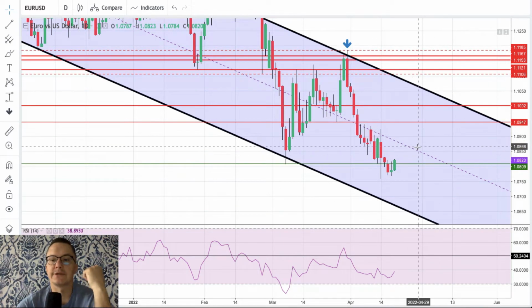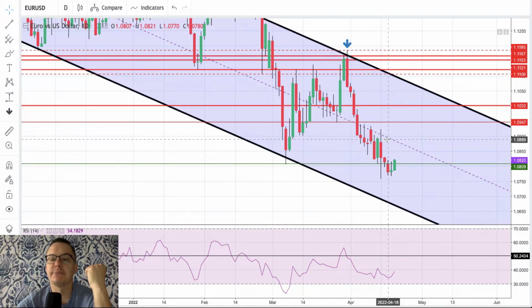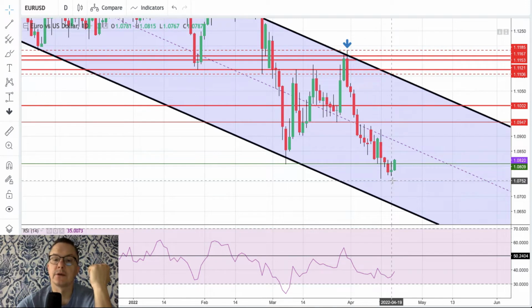So we should still be aware of the fact that the market is continuing the downtrend, and there is basically no indication that this downtrend should terminate or reverse. In order for the market to reverse, ideally we should take out the 1.1185 high.